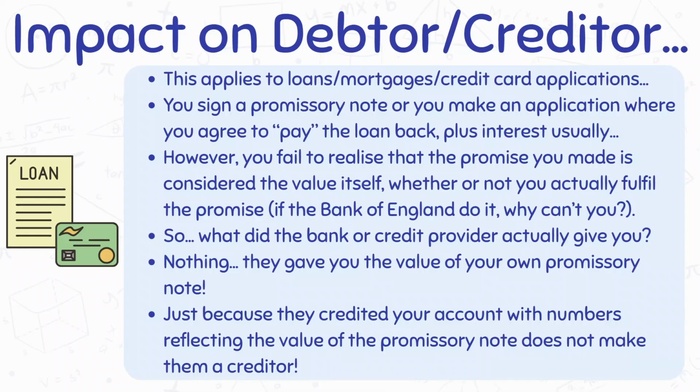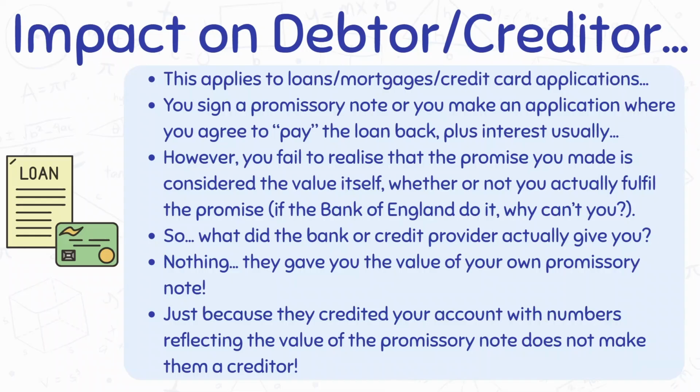Your promise is like your own individual currency, which the bank or the credit provider accepted, and then they credited your account with numbers, or they opened a line of credit for you, right? Which will simply just reflect the value of your promise, and therefore the overall value of the promissory note that you created with your consent and signature.